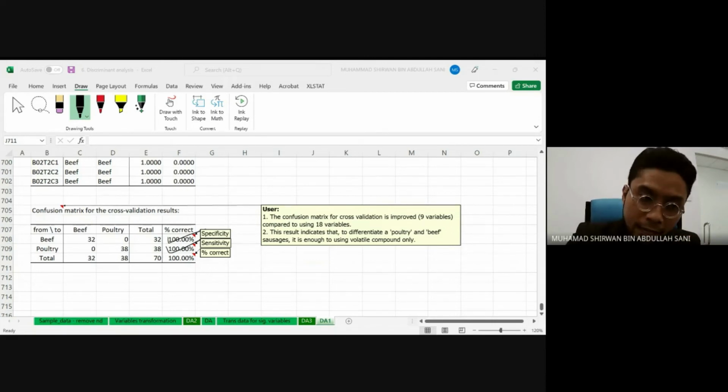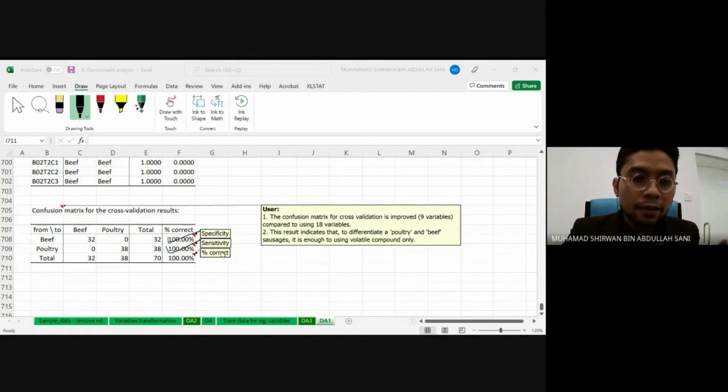So what will that indicate? In order for us to develop a discriminating model which is ideal or perfect or better, we carry out first the DA using the whole variable that we have, which is 18, and from there we select the significant one only, and then rerun the significant variables to find the correct classification.